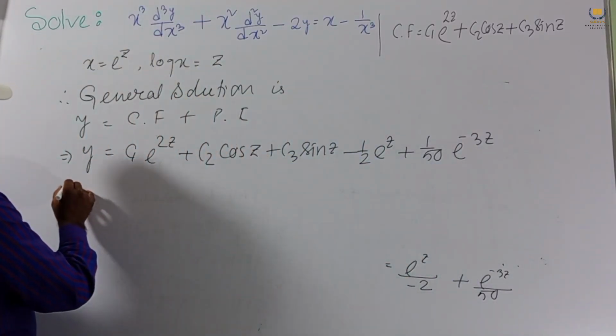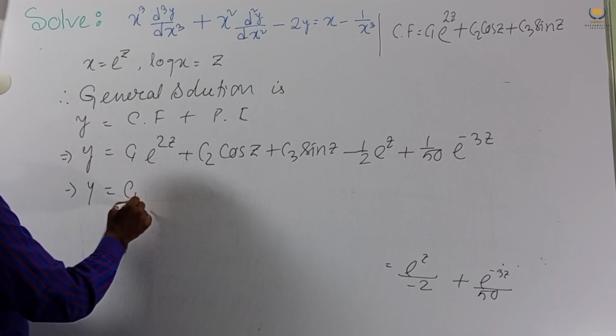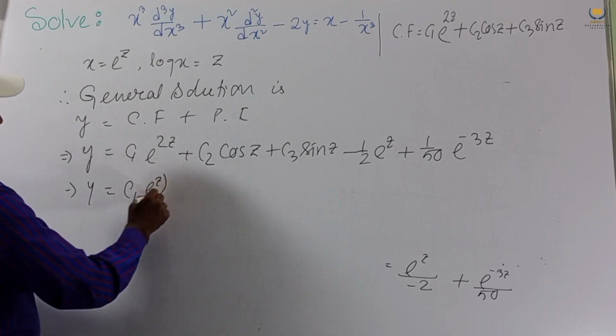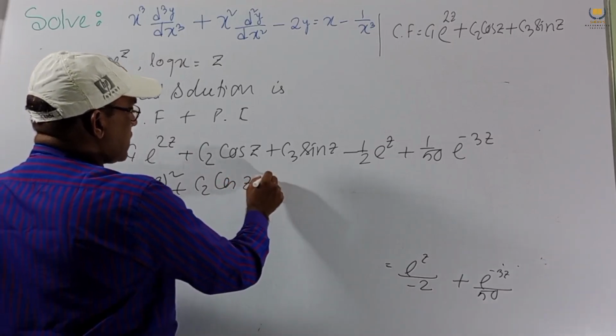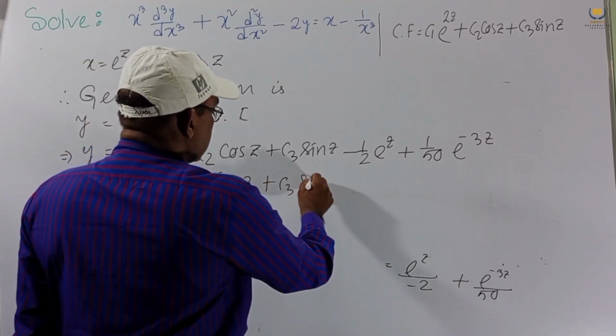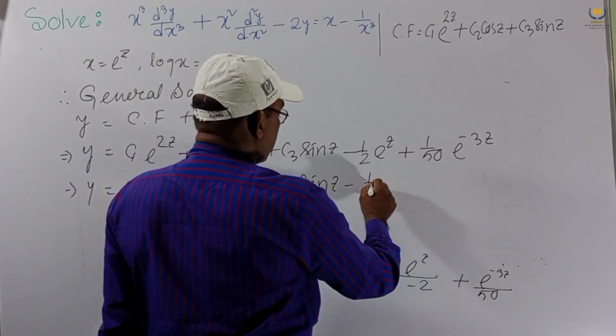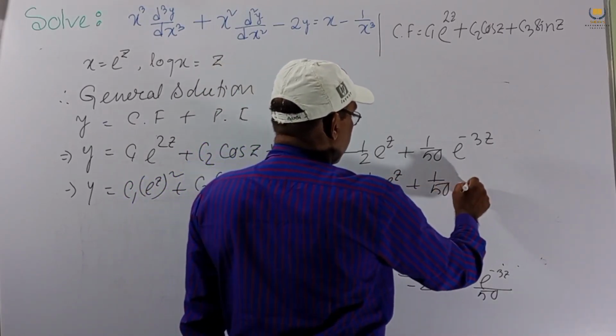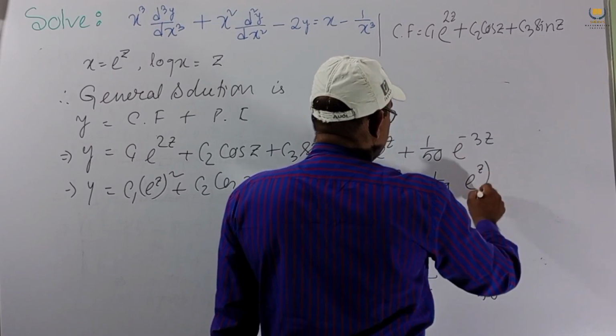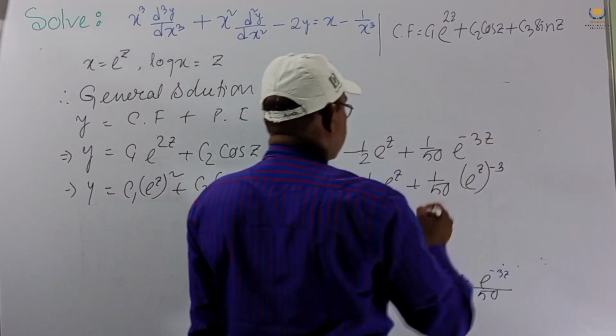So this can be written as y equals C1 (e to the power z) whole square, plus C2 cos z plus C3 sin z, minus 1 by 2 e to the power z plus 1 by 50 (e to the power z) whole to the power minus 3.